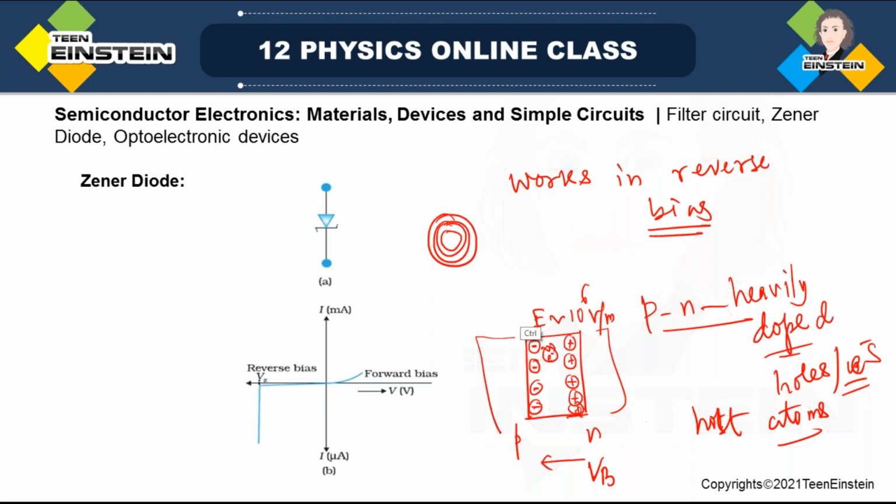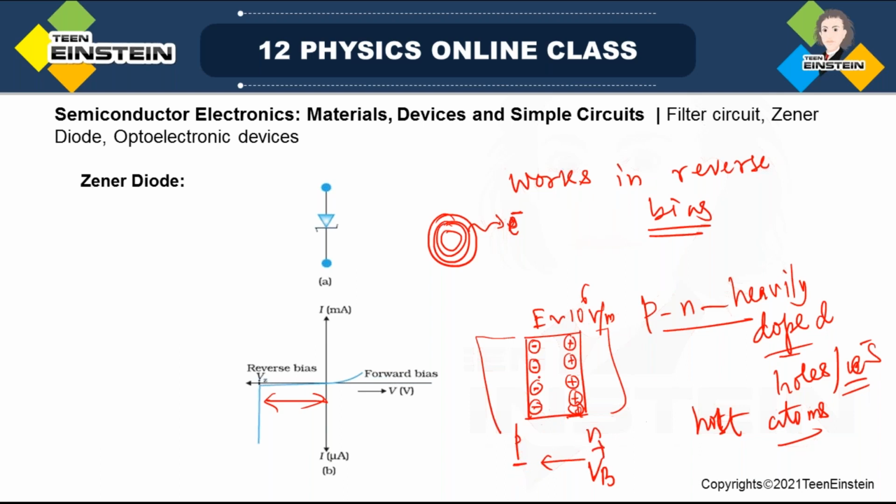See what happens: the electric field is so high. When we apply a breakdown voltage, because it is reverse bias voltage, the electric field increases higher and higher. At this high electric field, what happens? The host atoms become ionized. Ionized means what? The valence electrons come out because of this very high electric field. And as soon as these electrons come out near the depletion layer, there is a huge electric field which is positive here and negative here.